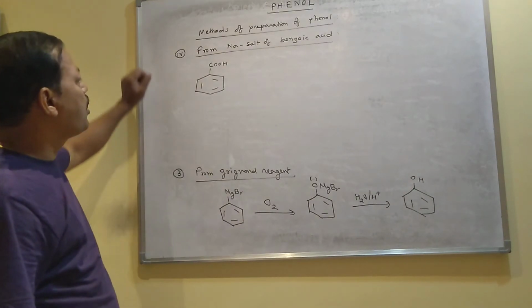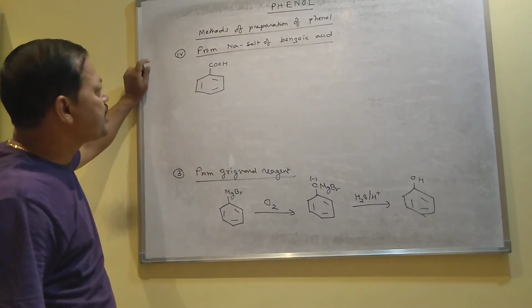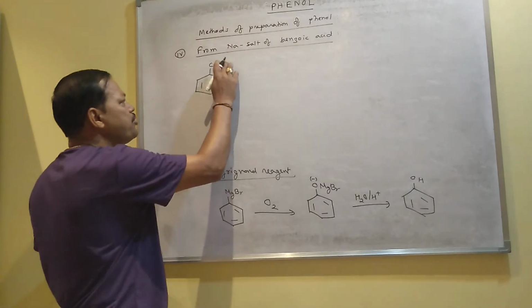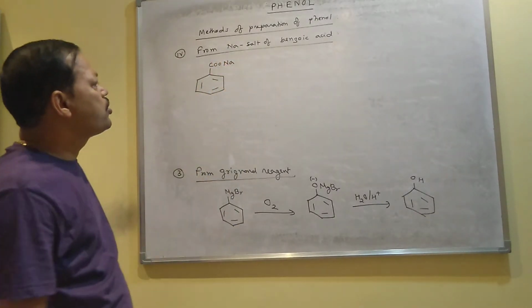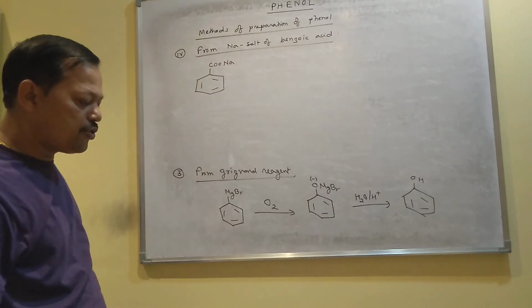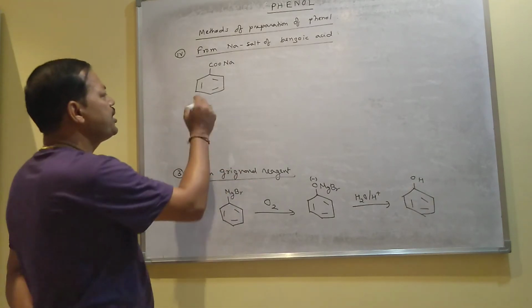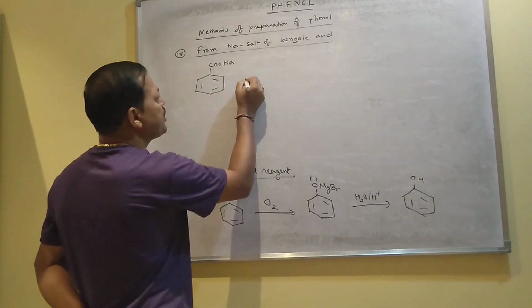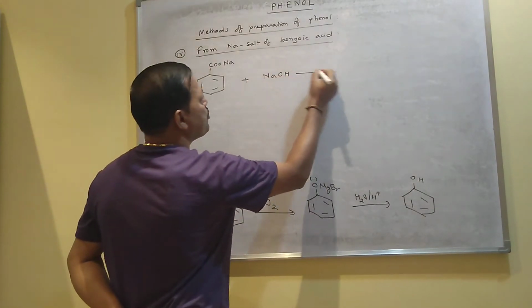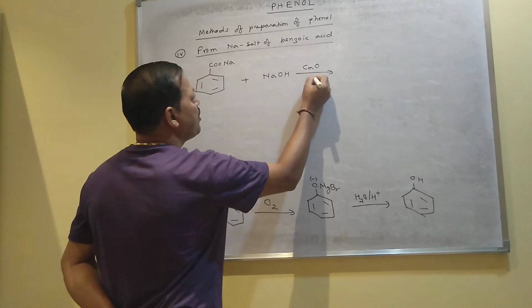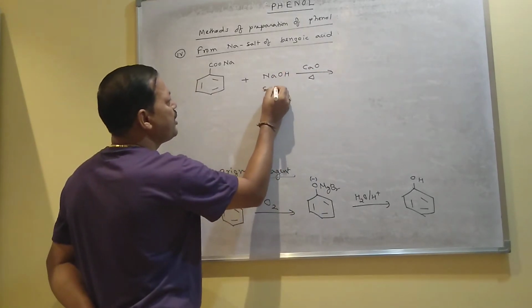This compound is called benzoic acid, and when the hydrogen of the acid is replaced by sodium metal, it is called sodium salt of benzoic acid. When this sodium salt of benzoic acid reacts with the mixture of sodium hydroxide and calcium oxide, this mixture is called soda lime.